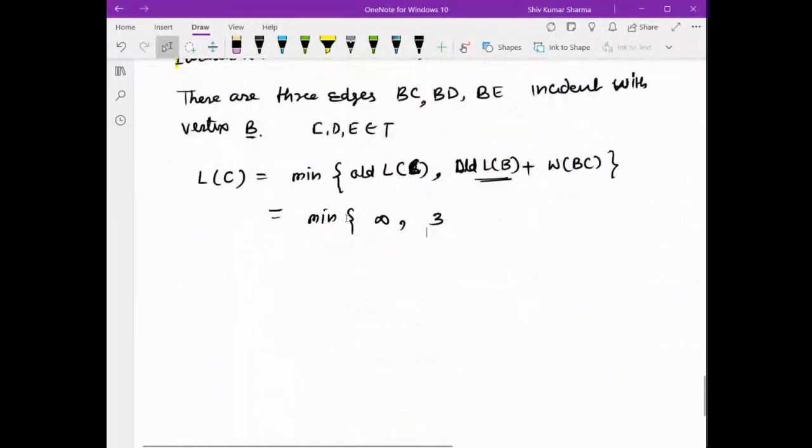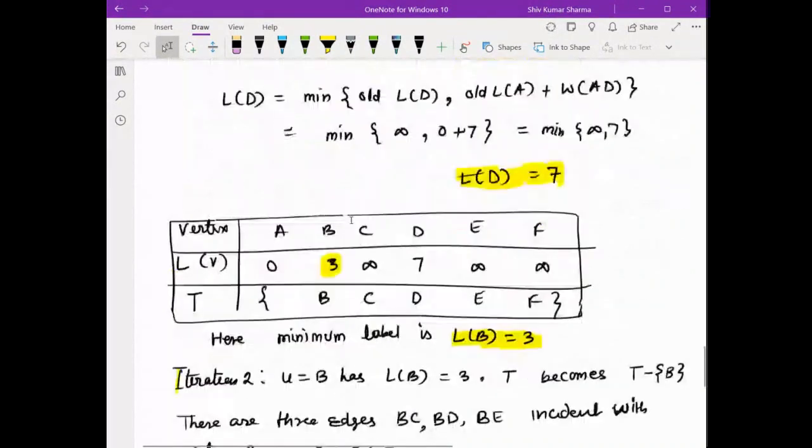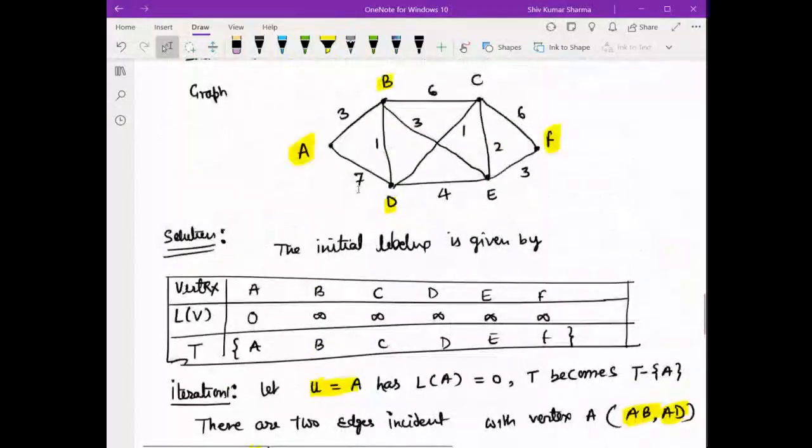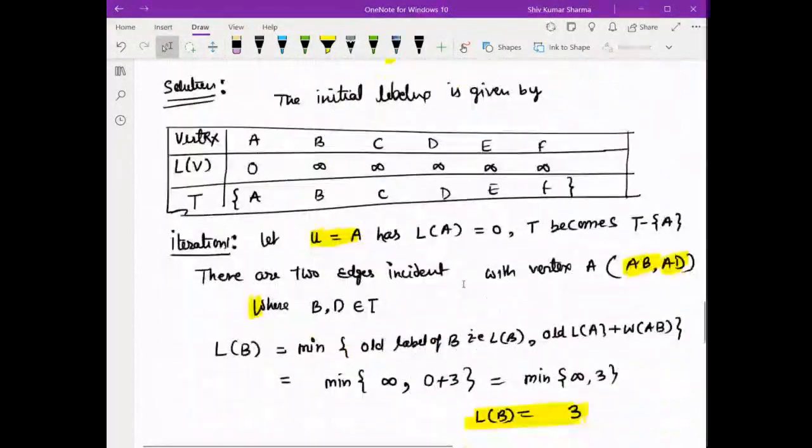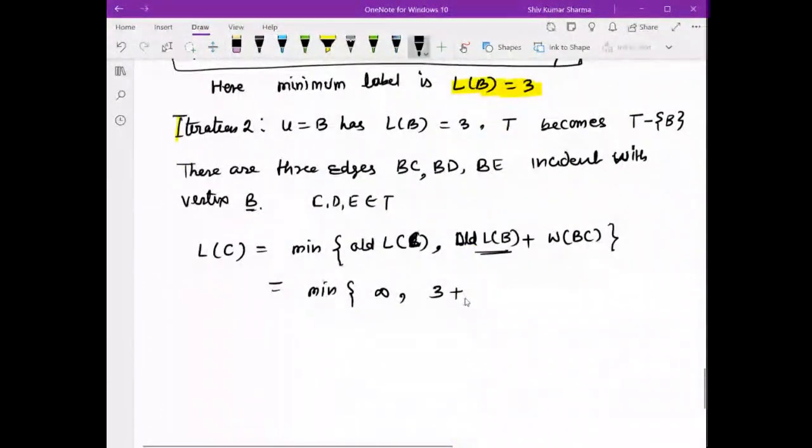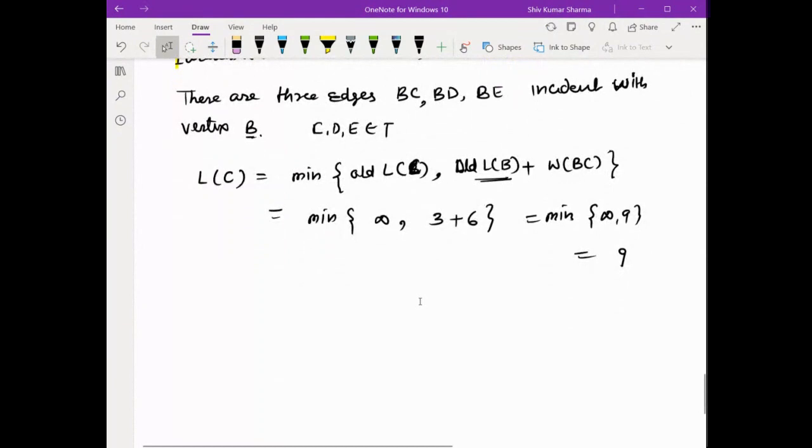So the level of B is 3 plus weight of BC. What is the weight of BC? BC is 6. So this is equal to minimum of infinity and 9. This is equal to 9. So the level of C is 9.